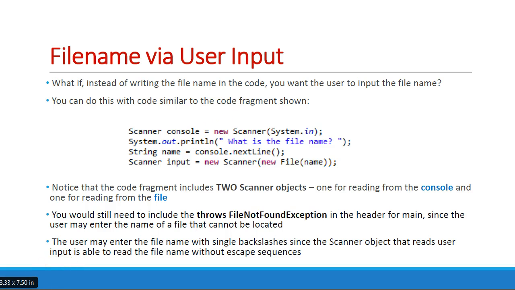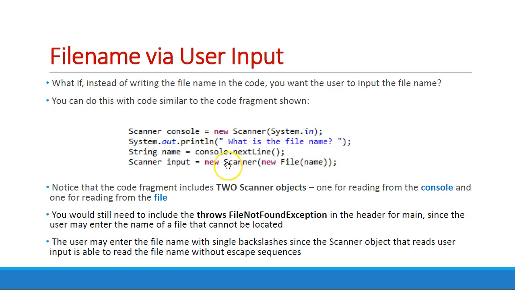Okay, file name by user input. So you don't always have to know what the file name is. You can actually ask the user what the file name is. So here we create a scanner on the old System.in, the console input, asking what is the file name. Then we get that here. It doesn't have to be nextLine, could be next. And then we create a new file based on that name we just got.